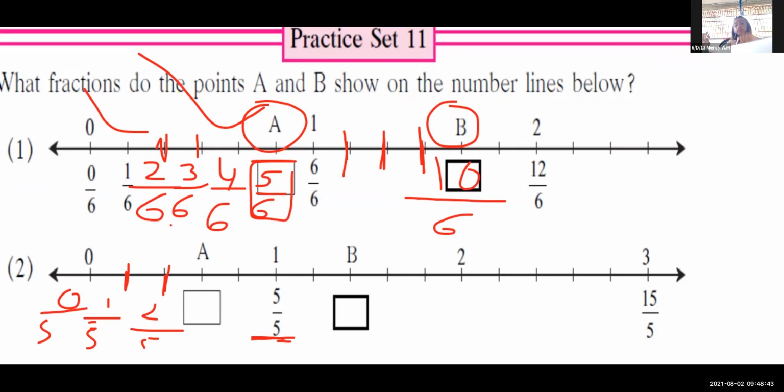Okay. Now in the box, A के नीचे will be, very good, A के नीचे will be 3 upon 5. Now this will be, very good, 4 upon 5. Next, after 4 upon 5, 5 upon 5. Okay, very good.